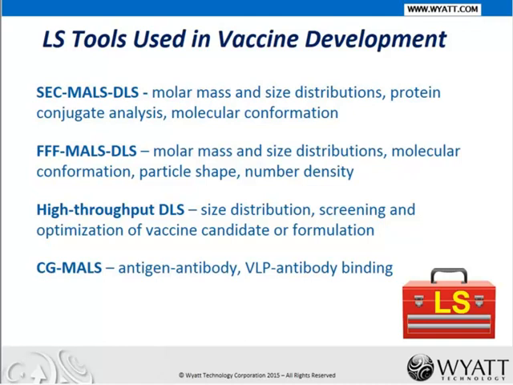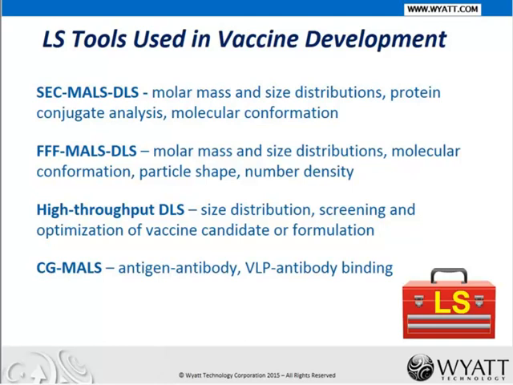So usually we will use SEC or FFF for the separation for those vaccine compounds, and we will add the MALS and DLS for absolute molecular weight and size distribution. For proteins, we can use MALS with UV and RI to study the composition. With the addition of dynamic light scattering, we can get information for the conformation. For particles, we can get the particle shape.